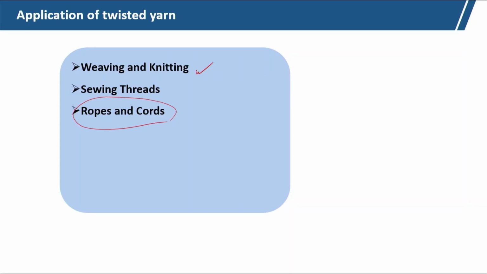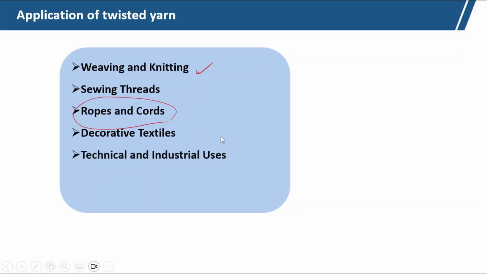So, multi filaments are twisted, and then twisted filaments are again twisted, like that we develop cords, decorative textiles, technical and industrial uses, knitting and crochet.